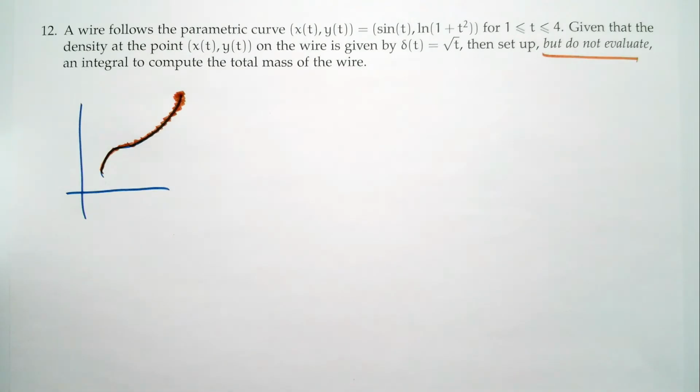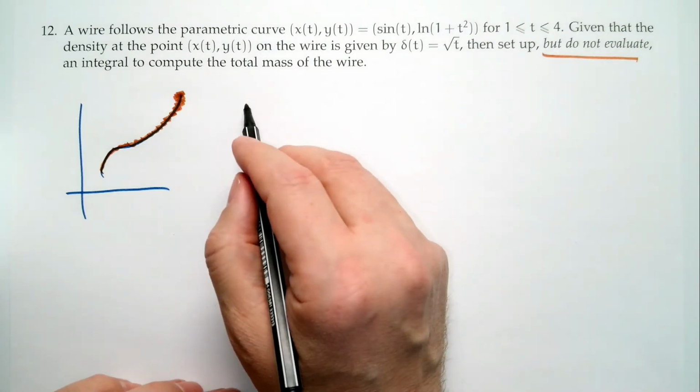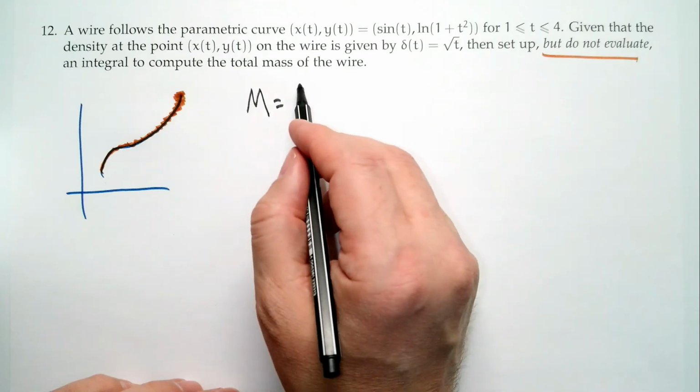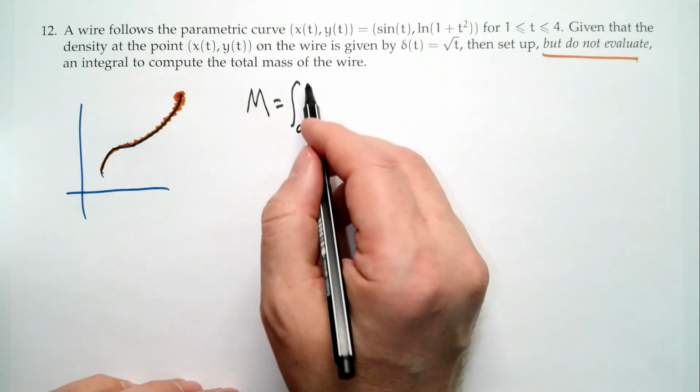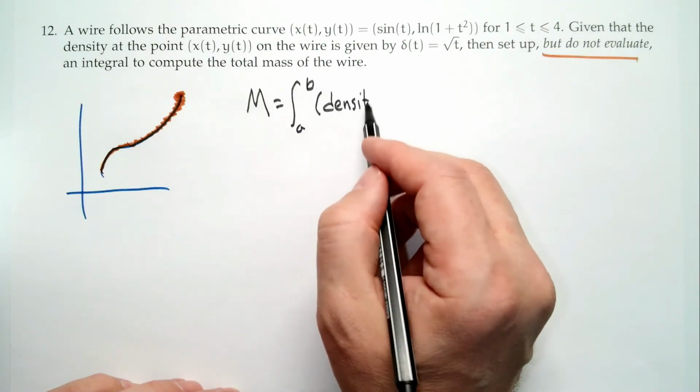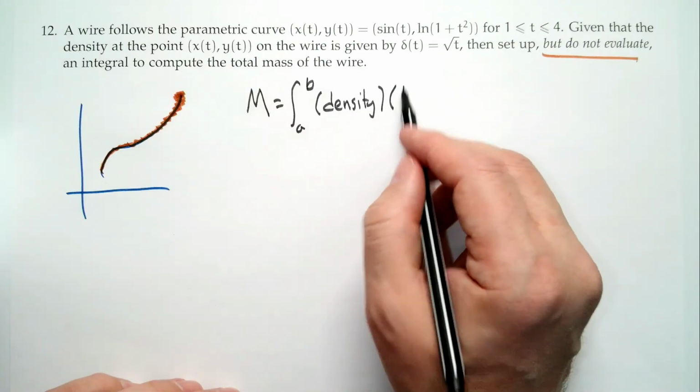And that's what we're trying to do. Can we put things together? So let's try that. So if I'm trying to find the mass, how do I find mass? Well, I add up the little pieces of mass, which is the density times whatever the appropriate thing is.